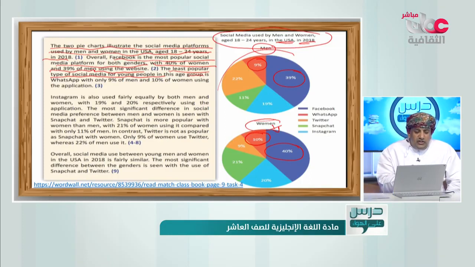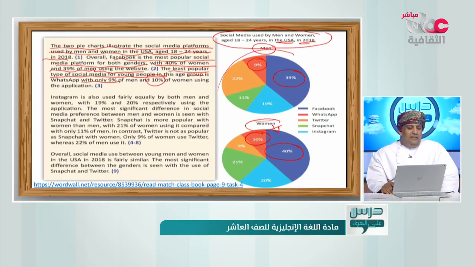So we should say, with only 9%. You should write the percent in your writing, the percentage. 9% of men and 10% of women using the application. Then you could compare the other things. So you know WhatsApp and Facebook are most and least.